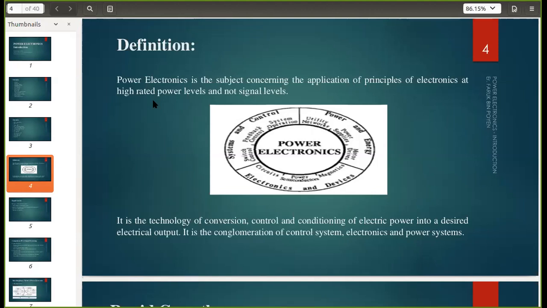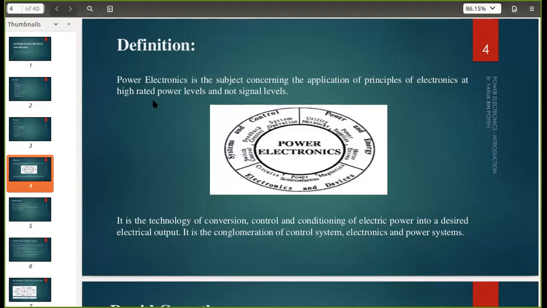So when those subjects contribute to some application where the concept of electronics is also involved, the condition is that it should involve high rated power levels, not in terms of millivolts, not microvolts, not even volts, but in terms of very high power.